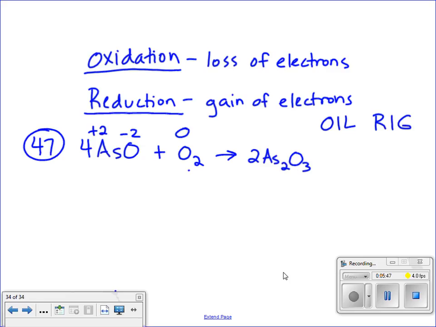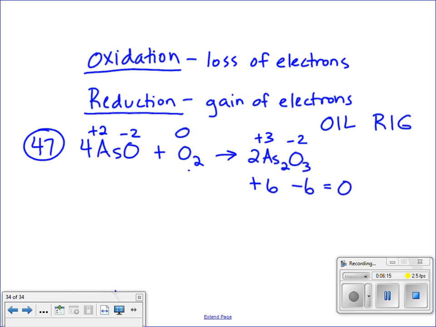Now we go over to our products. Each individual oxygen has an oxidation number of -2, with a total charge of -6, because there are 3 oxygens: -2, -2, -2. Therefore, to add up to 0, the arsenic has to be +6 in total, which means each arsenic is +3.